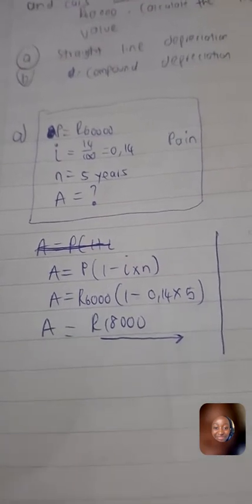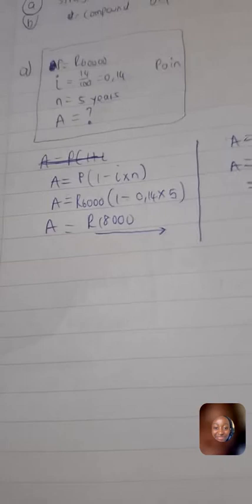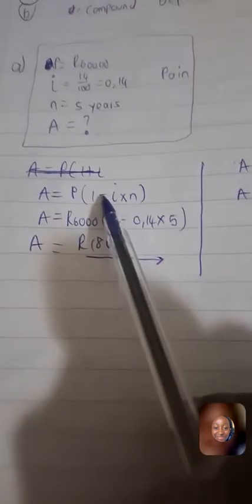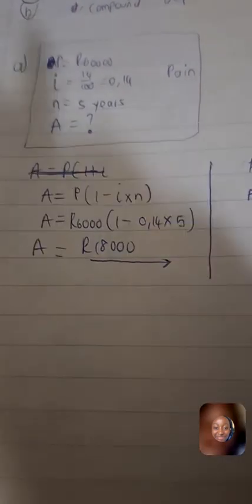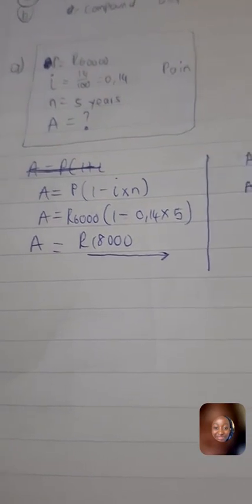When we're looking for the I or the N or the P, I can use the formulas I know from simple interest or compound interest. But remember that there's no plus sign as per your simple and compound interest formulas. There's a minus sign. So you need to take that into consideration.